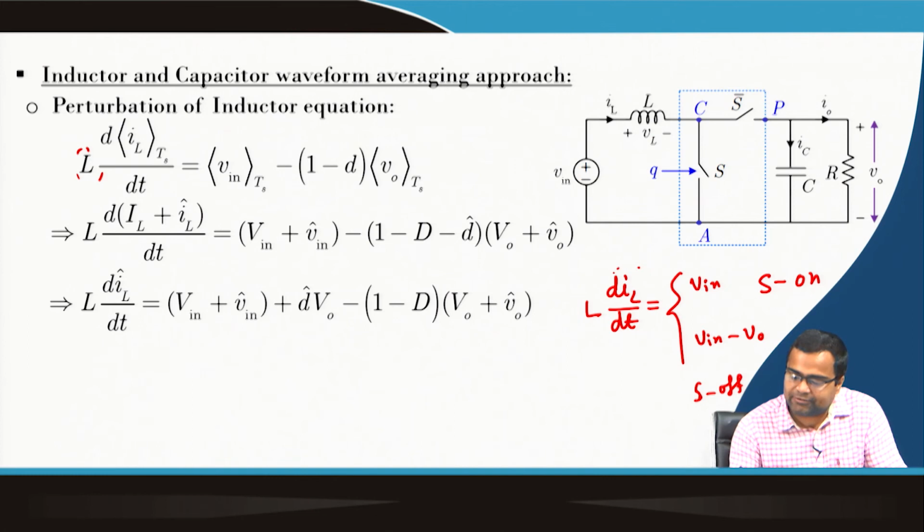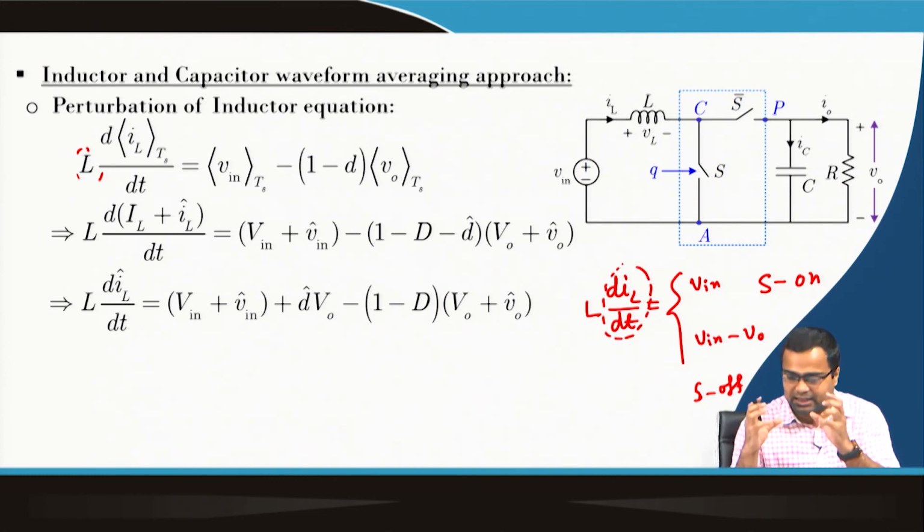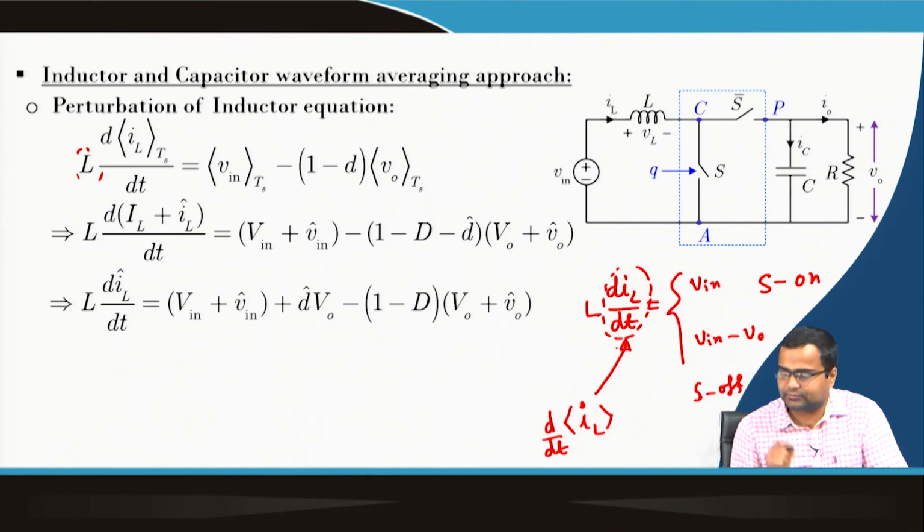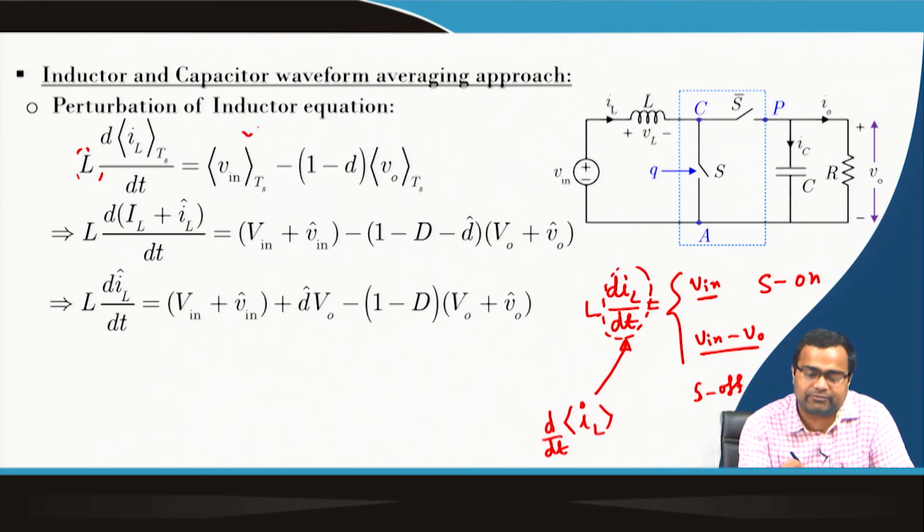If we take the average of this inductor current over a cycle T, that means I am talking about the average inductor current, then the derivative of this average inductor current is nothing but this term. This will be d times the average of this and 1 minus d times the average of this, and since the input is common, it is simply L times the derivative of the average inductor current equal to the input voltage minus (1 minus d) times the average output voltage.